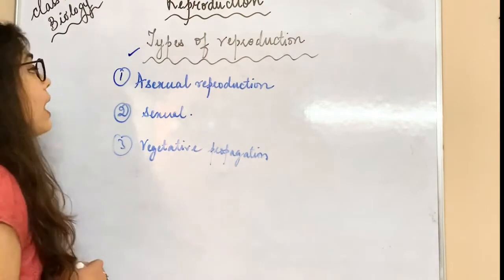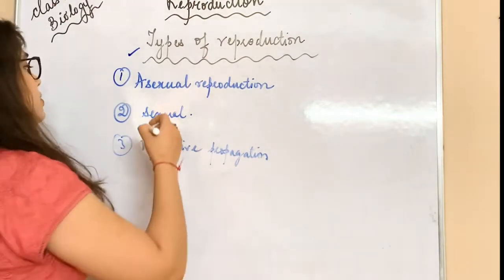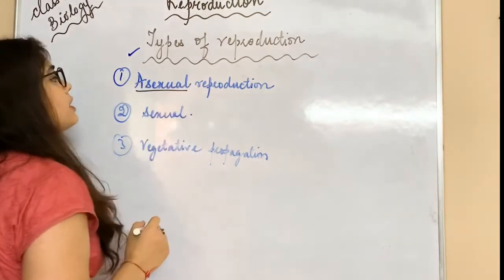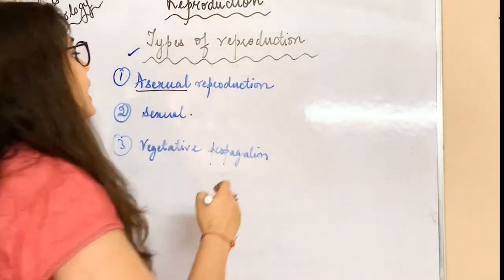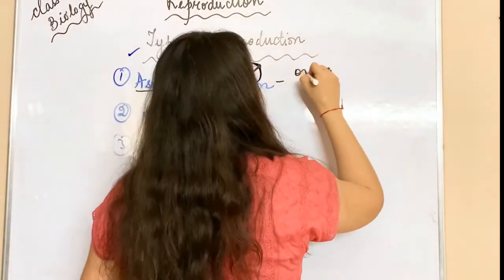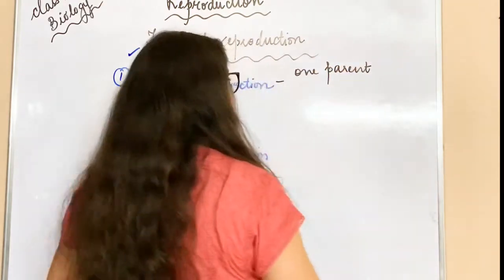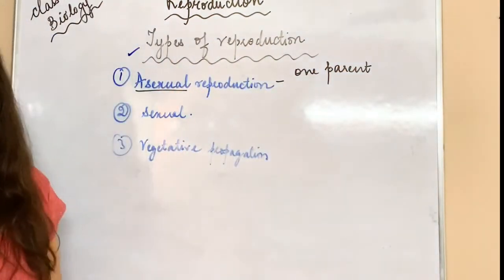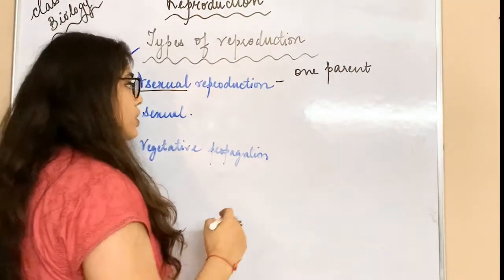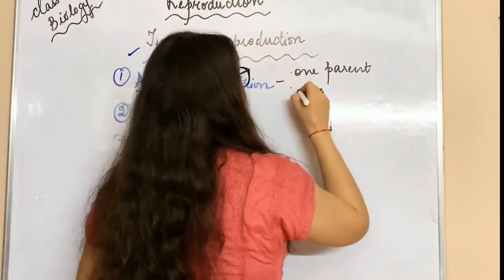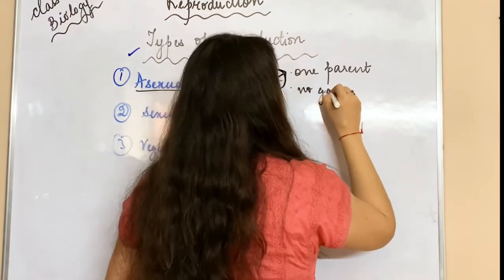So what happens now in asexual reproduction? Asexual reproduction first involves only one parent. Only a single parent is involved. Second, no gametes are formed.